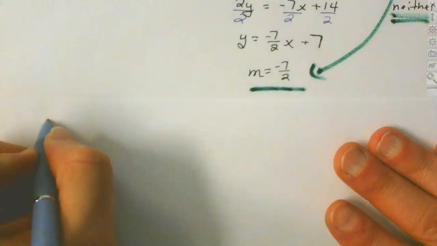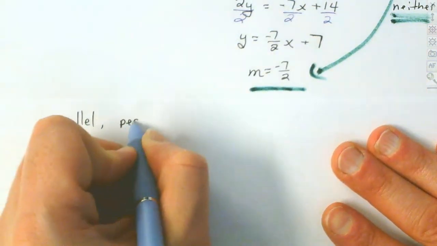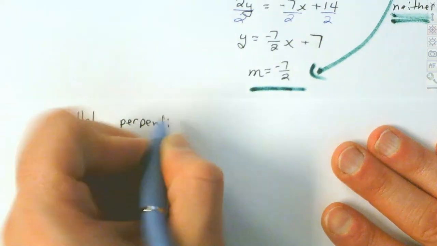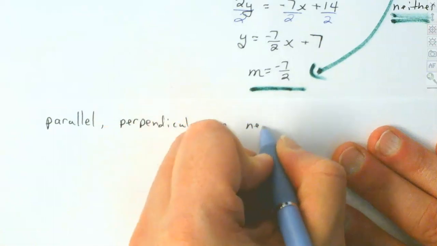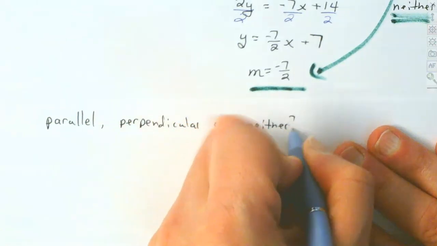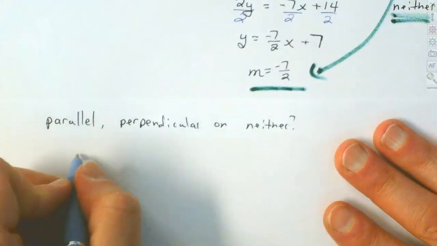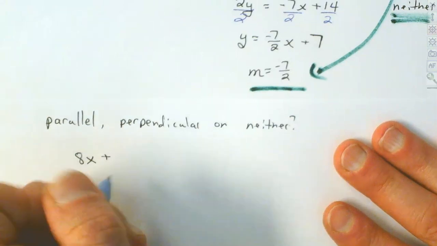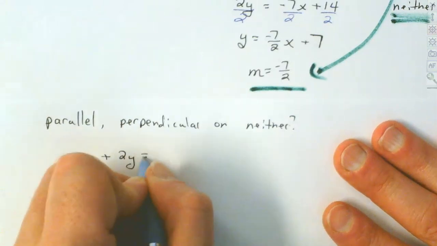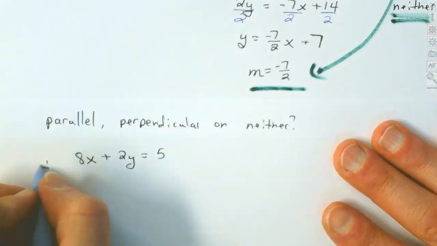And again, are these lines going to be parallel, perpendicular, or neither? And let's say we have 8x plus 2y equals 5. That's going to be our first one.